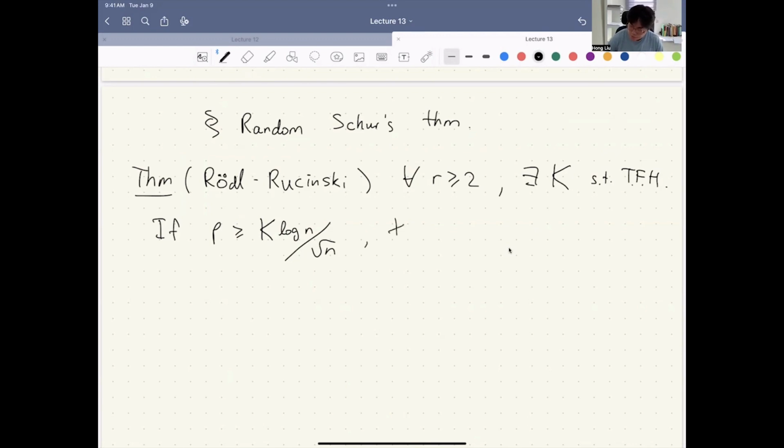Then, asymptotically almost surely, G(n,p) is r-Ramsey with respect to triangles. Triangle Ramsey, r colors. Okay. The proof I present here is a container proof by Nenadov and Steger.